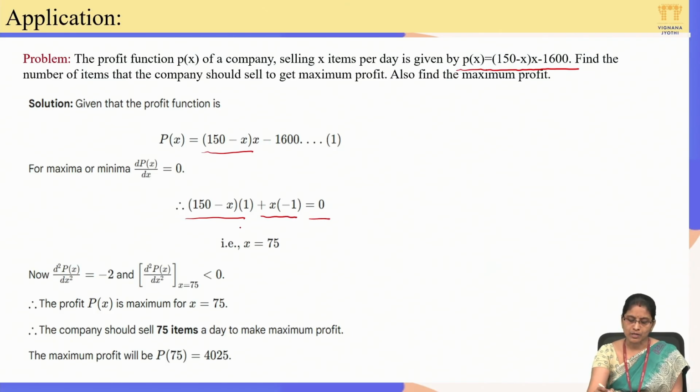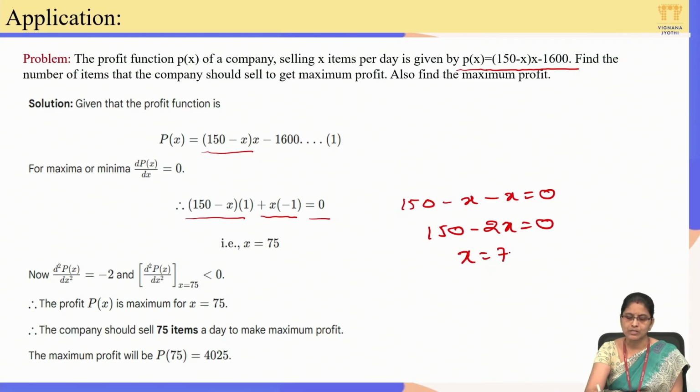On simplification, 150 minus x minus x equal to 0, so 150 minus 2x equal to 0, then x equals 75. x is the number of items.